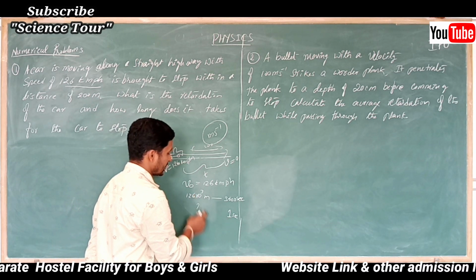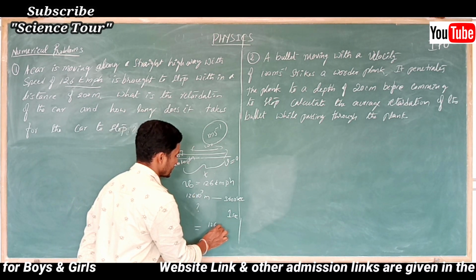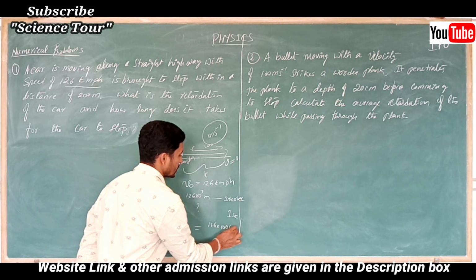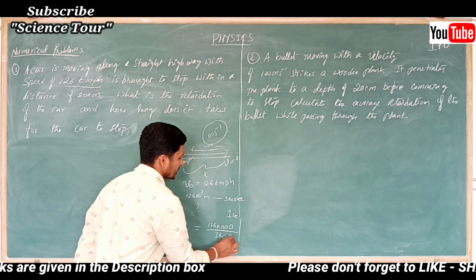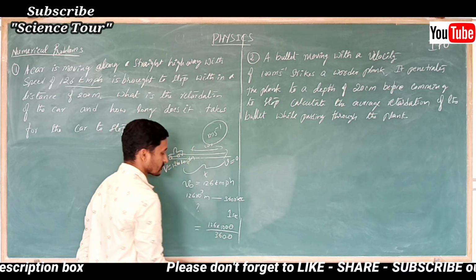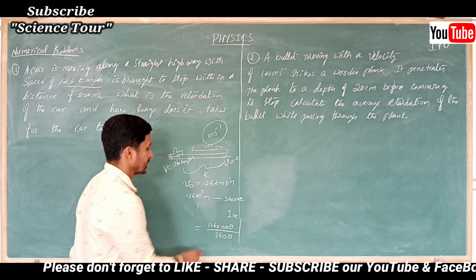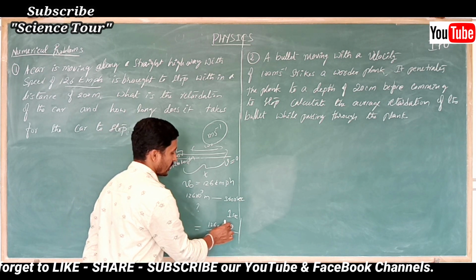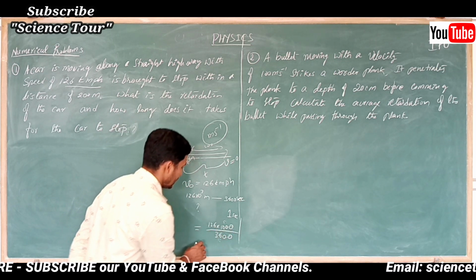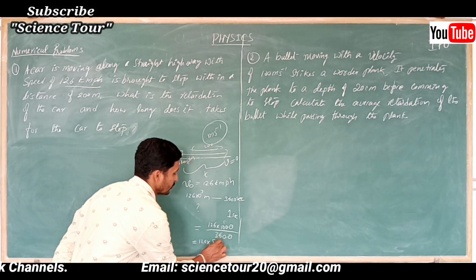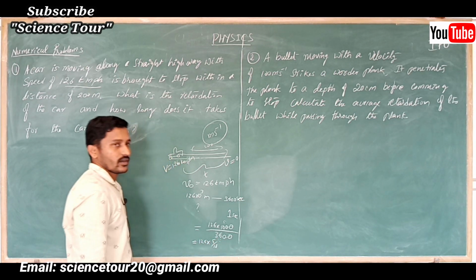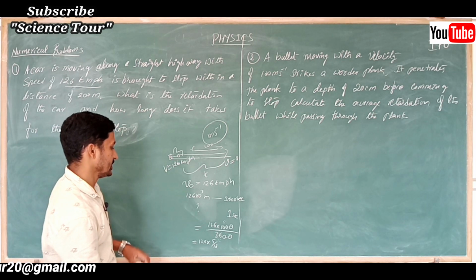For 1 second, that is 126 into 1000, 10 to the power 3 is 1000, divided by 3600. It will cancel. Okay, so you will get 126 into 5 by 18. 126 into 5 by 18 you are going to get.